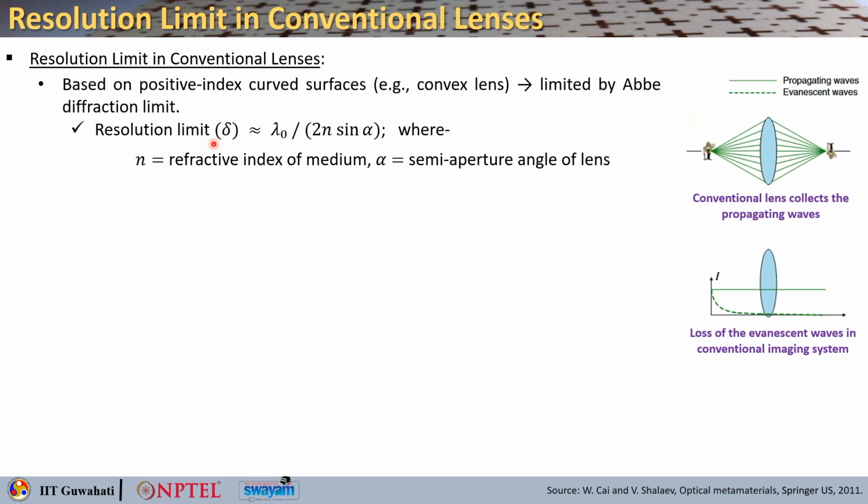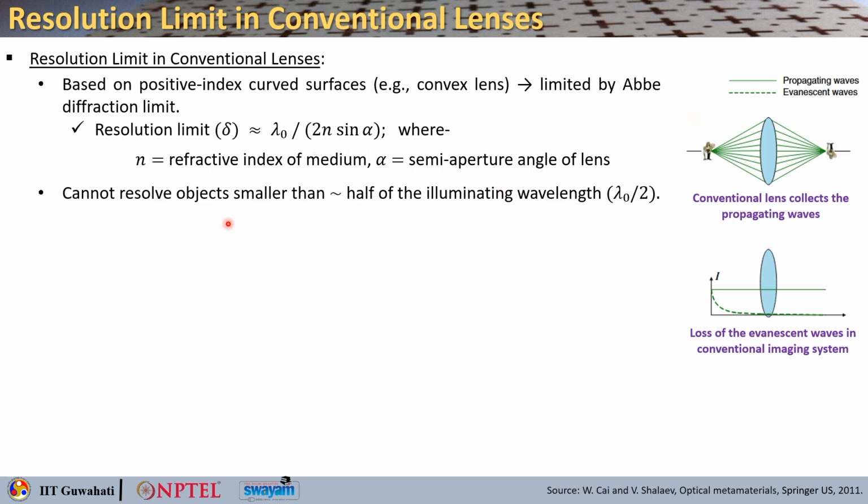It says that the resolution limit delta is typically around lambda naught divided by 2n sin alpha, where n is the refractive index of the medium and alpha is the semi aperture angle of the lens. It tells you that a normal lens cannot resolve objects smaller than half of the illuminating wavelength, that is lambda by 2. Okay? So that is the typical limit.